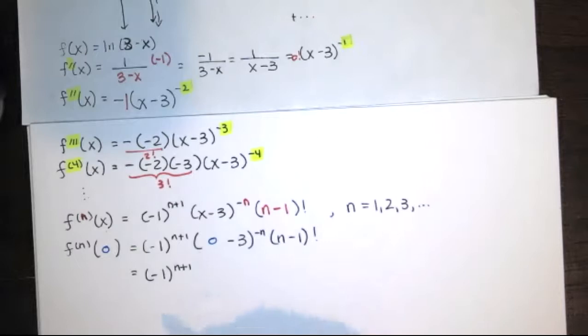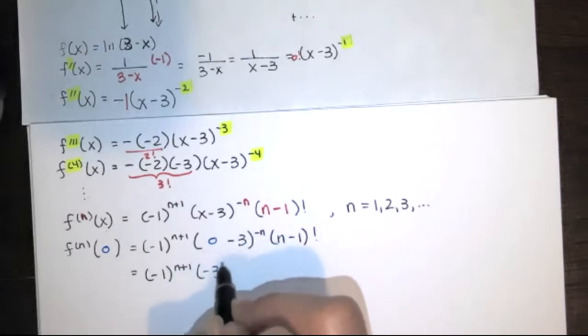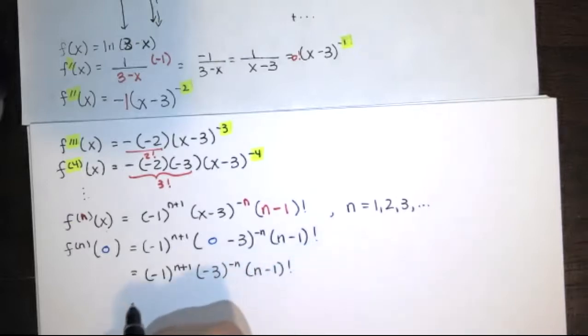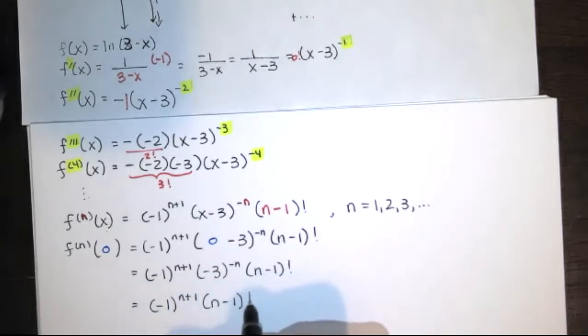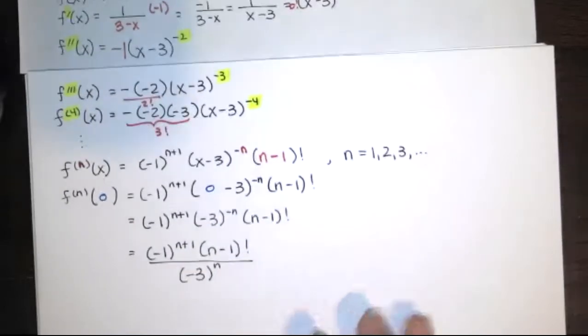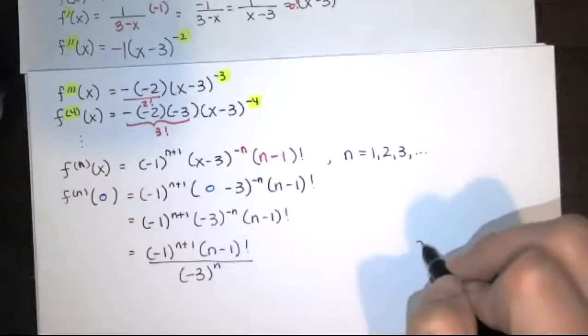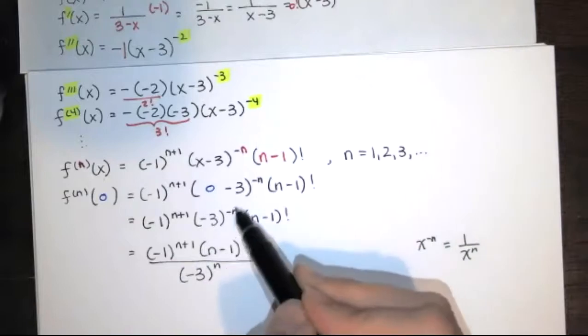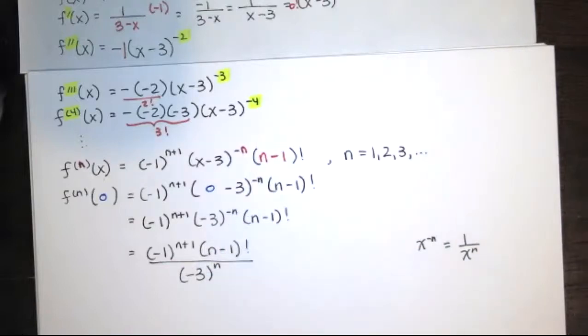This is a -3 to the -n times n minus 1 factorial. And we could simplify that a little bit. I could make that a -3 to the n in the denominator because of our exponent properties. X to a negative power is 1 over x to the same power but positive. So I can just put that in the denominator.